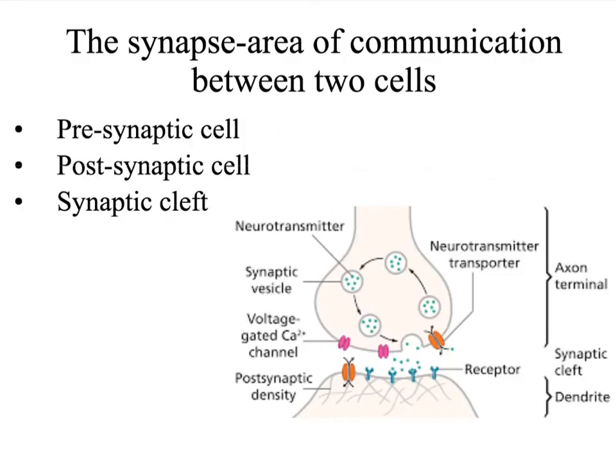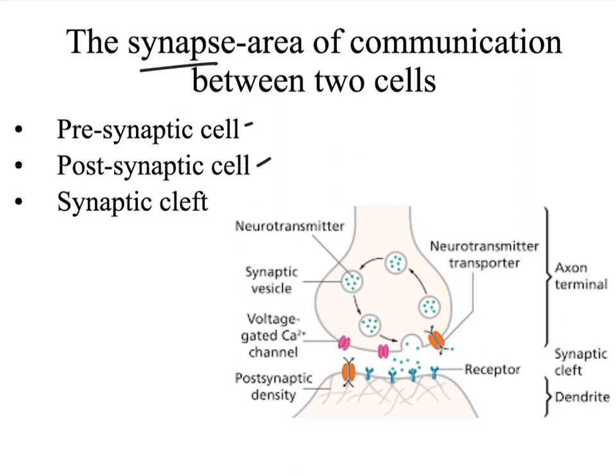I mentioned this term earlier to you, the synapse. So a definition is an area where two cells will communicate. And in particular, what we normally talk about will be a neuron that's going to be transmitting an action potential, or not transmitting, but having an effect on a postsynaptic cell. So neuron number 1 would be your presynaptic cell, and it's going to be communicating with a postsynaptic cell.